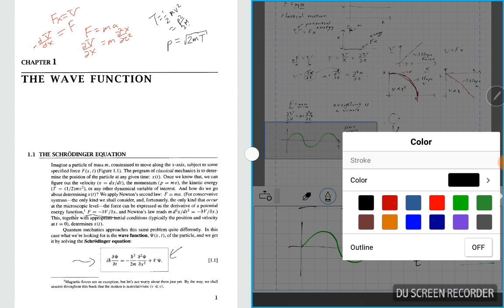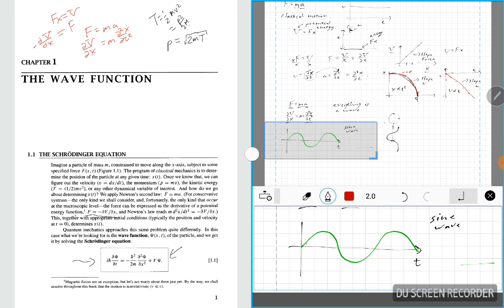The most important part of these mechanics is looking at the derivative. So here, at this point, my derivative is very steep and it's positive. At this point here, my derivative is 0. At this point here, my derivative is very steep and it's negative.